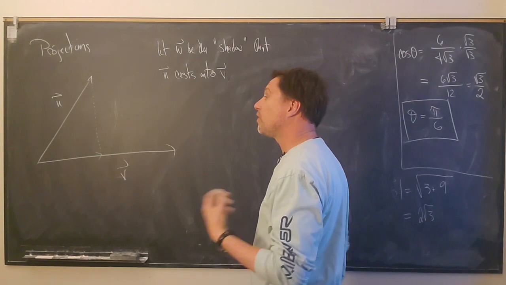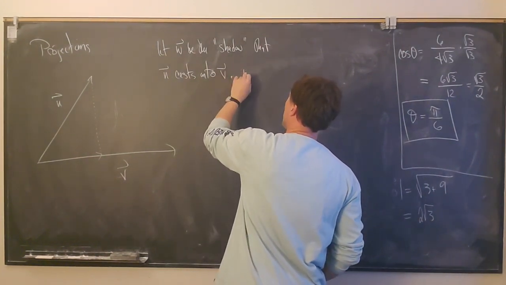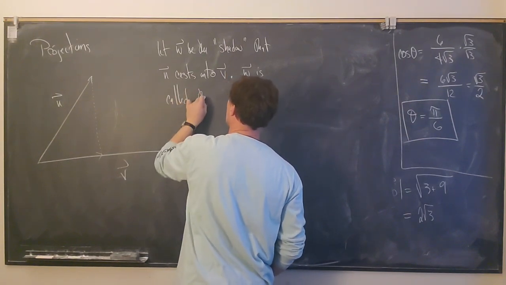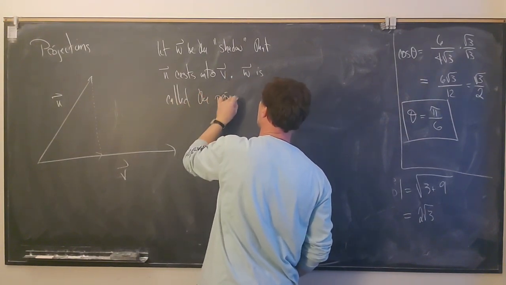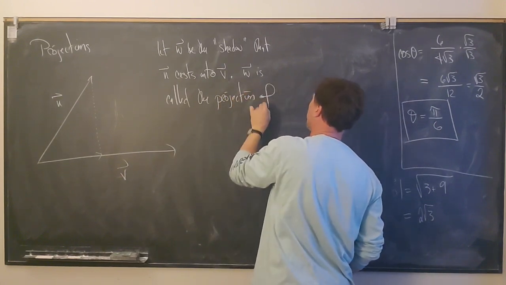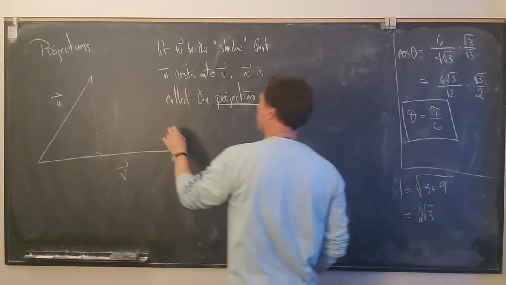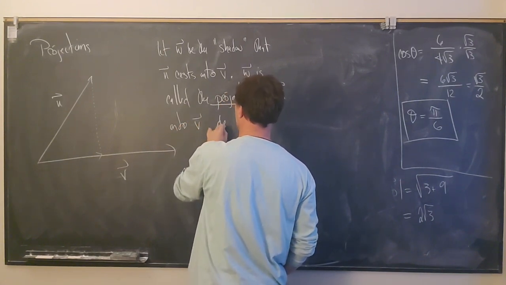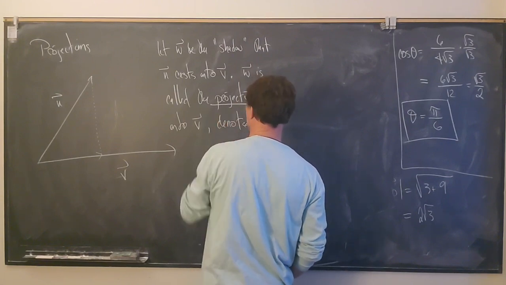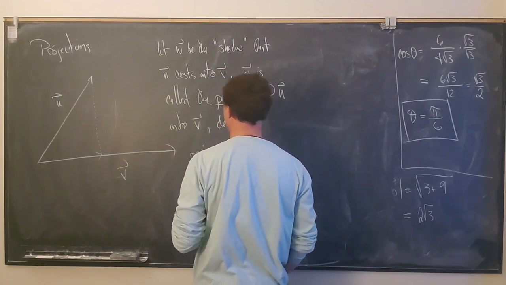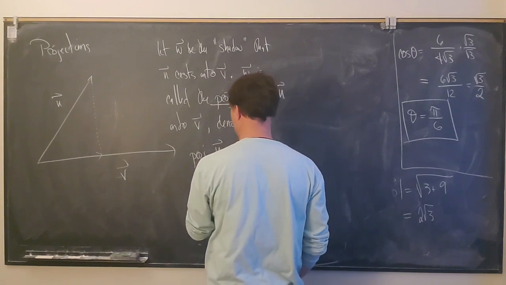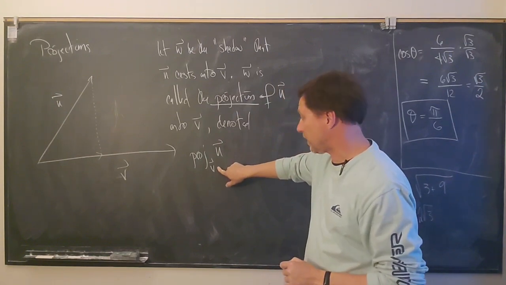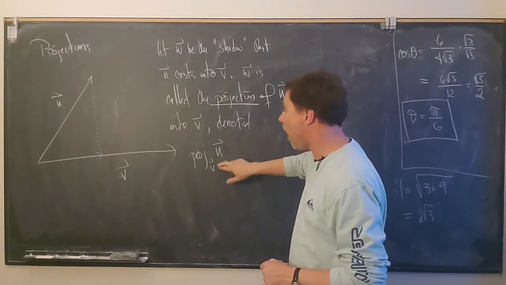It's called the projection of U onto V. So W is called the projection of U onto V, and it's denoted PROJ, with a U here and then a subscript V. You would read this as projection of U onto V.